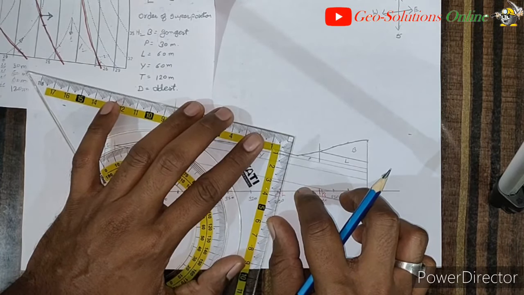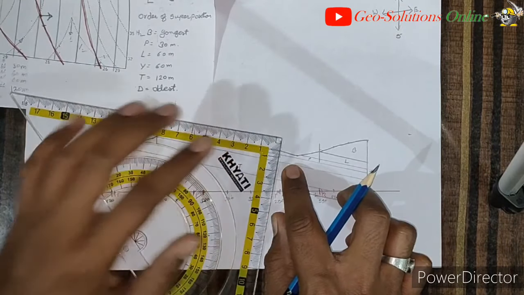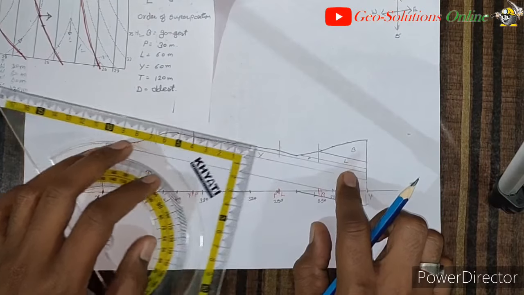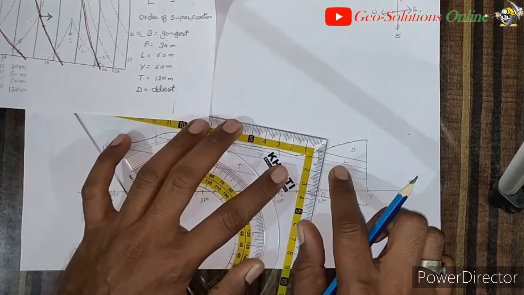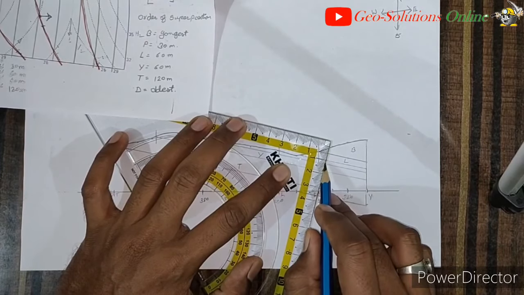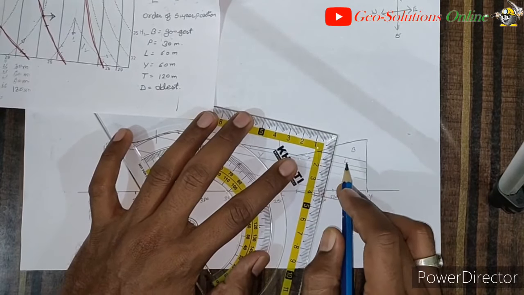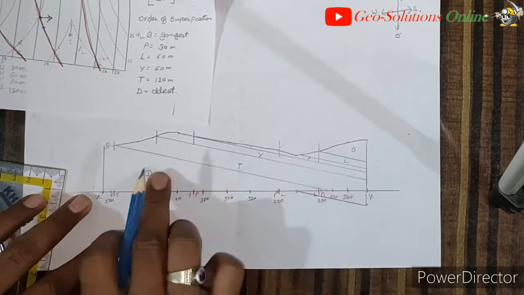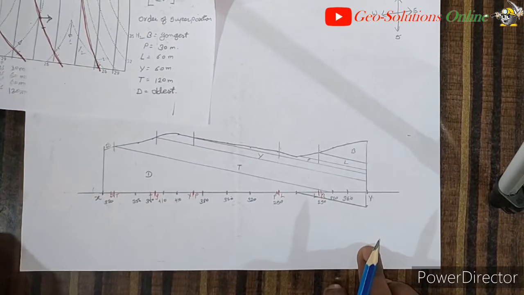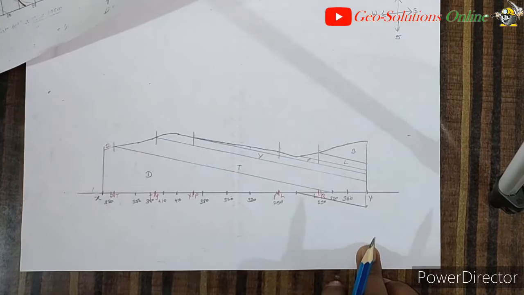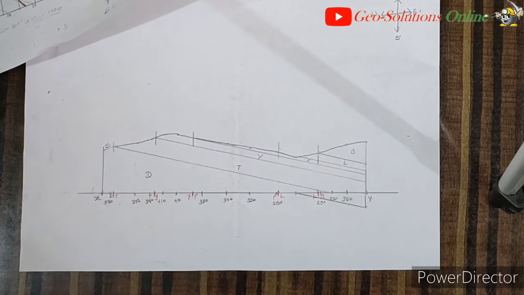It is showing 0.6 centimeter, that is 60 meter, and 30 meter. Okay, so P bed is 30 meter, you can also check here. So it is showing 0.3 centimeter, and it is showing 0.6 centimeter. So in this way we had plotted our cross section of map number 1.